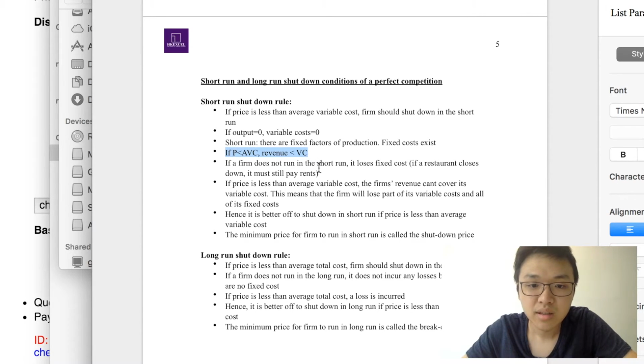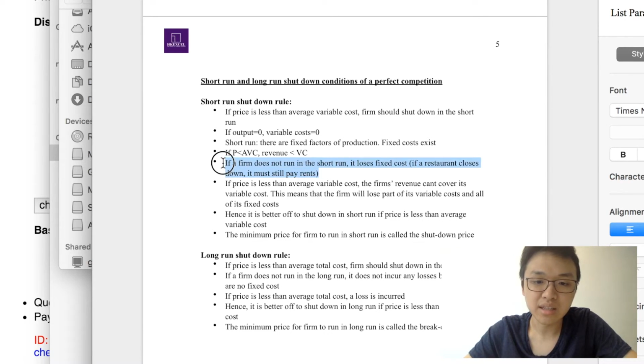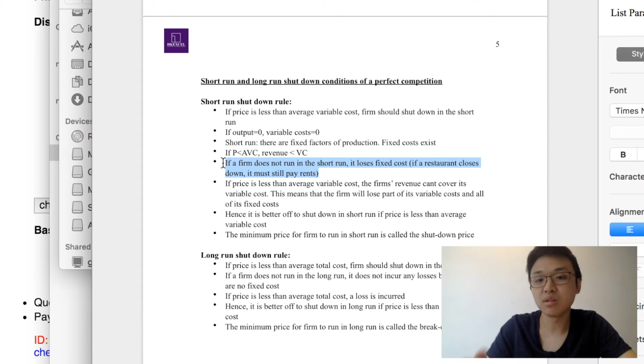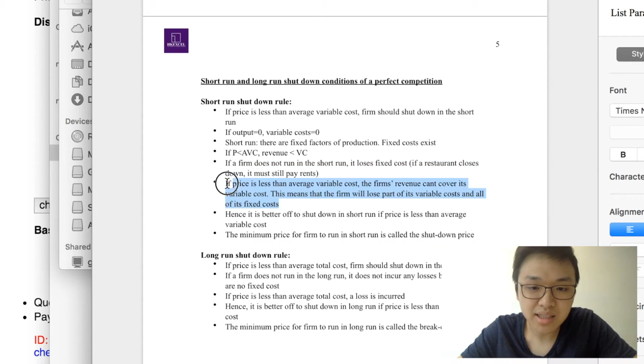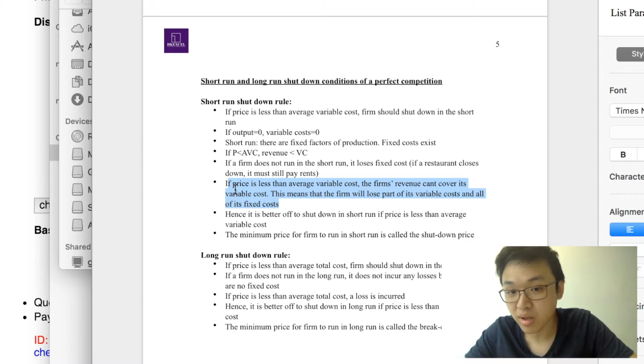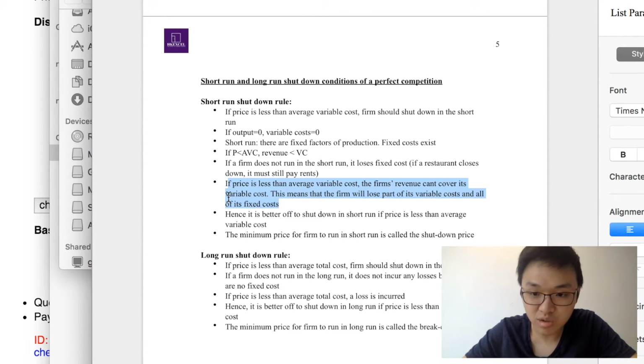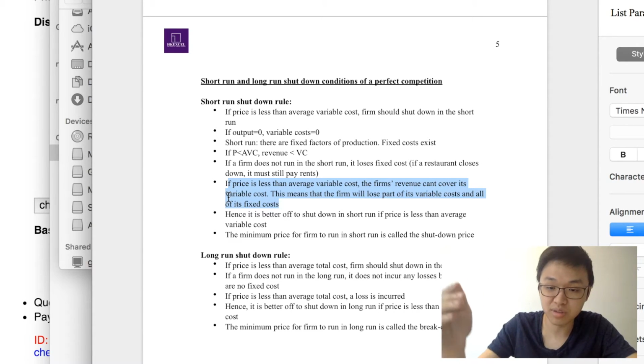Now, if the firm does not run in the short run, if the firm shuts down like the restaurant, it will only lose fixed costs. It would pay its rent, right? But if the price is less than average variable cost and the firm continues to run, the revenue is less than variable cost. It means the restaurant must lose part of its variable cost.